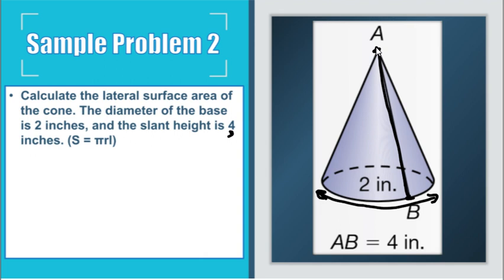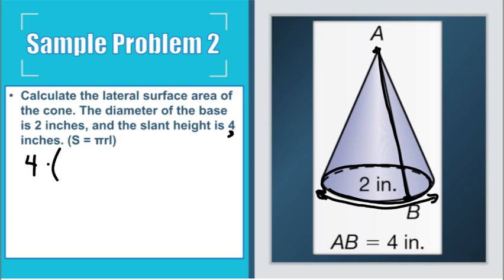So our slant height is 4. And then we're going to multiply that by the average of the distance that point B goes and point A. Point B is the circular base, so that would be circumference.